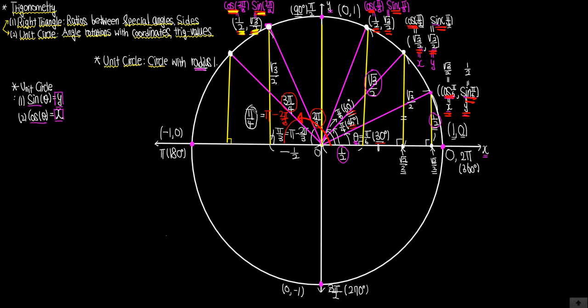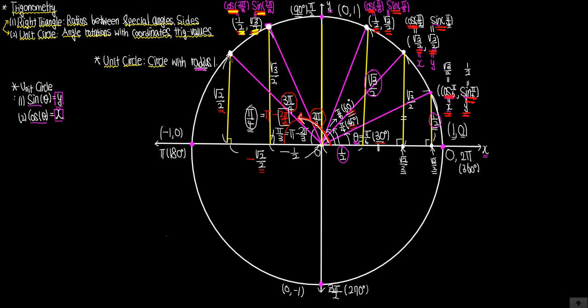And pi over 4 shares exactly the same coordinate with the 3 pi over 4 radians, 135 degrees, which is this angle rotation. So again, when 45 degrees is our main angle, then the y coordinate and the x coordinate will be exactly equivalent as square root of 2 over 2 and square root of 2 over 2. However, we need to remember that this is a coordinate on the x and y axis, which means in the second quadrant, the x value will be negative.